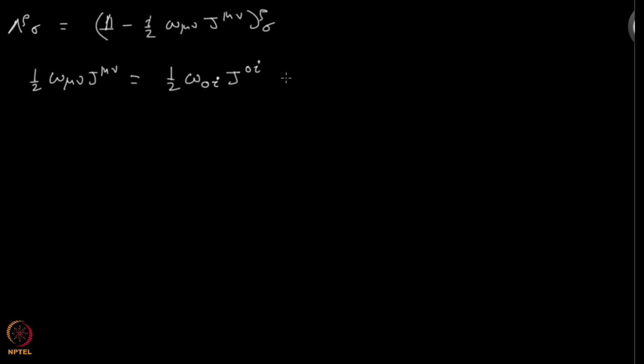Then you have half omega i 0 j i 0, that is also not going to vanish, plus half omega i j j i j, where i j take values 1 to 3. Now, these two together, because of antisymmetry, this one is the same as this. So, I can combine the two and write omega 0 i j 0 i.